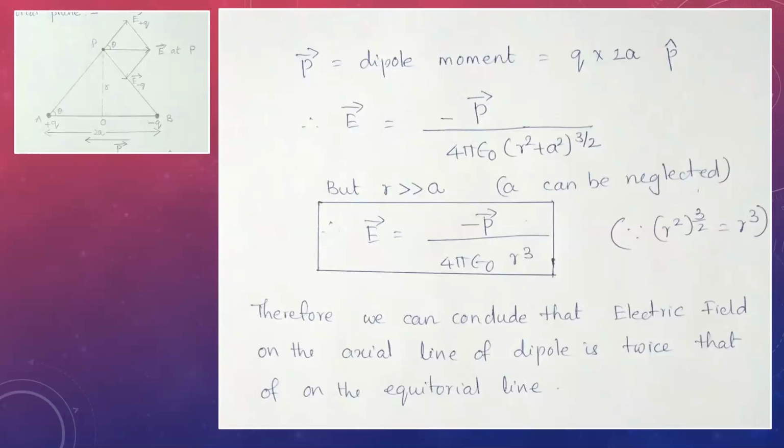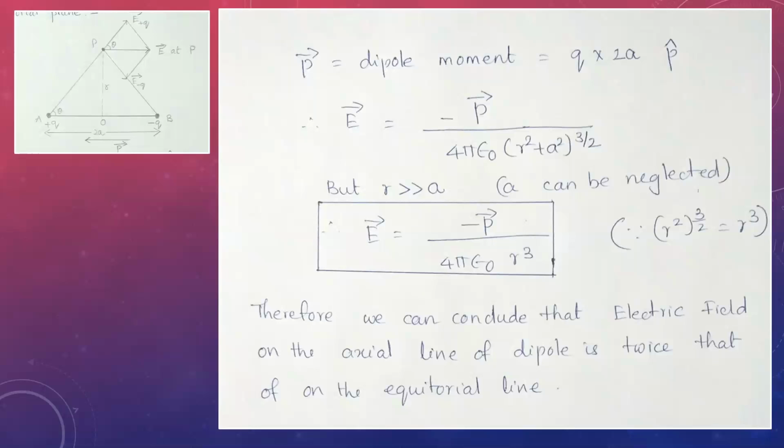Once again, I repeat, the electric field due to a dipole on its equatorial plane, that is, the electric field at a point on the equatorial plane of a dipole, E bar is equal to minus p bar divided by 4 pi epsilon naught r cube.